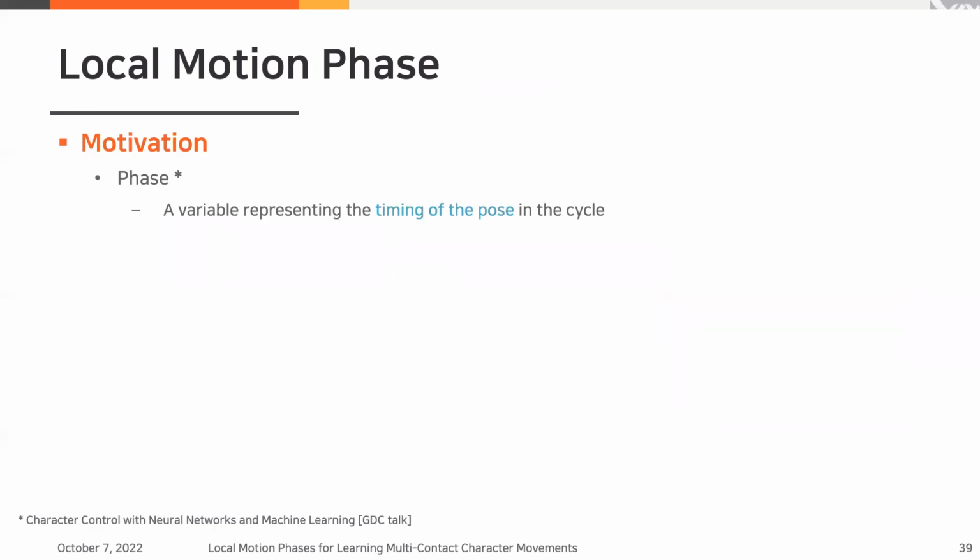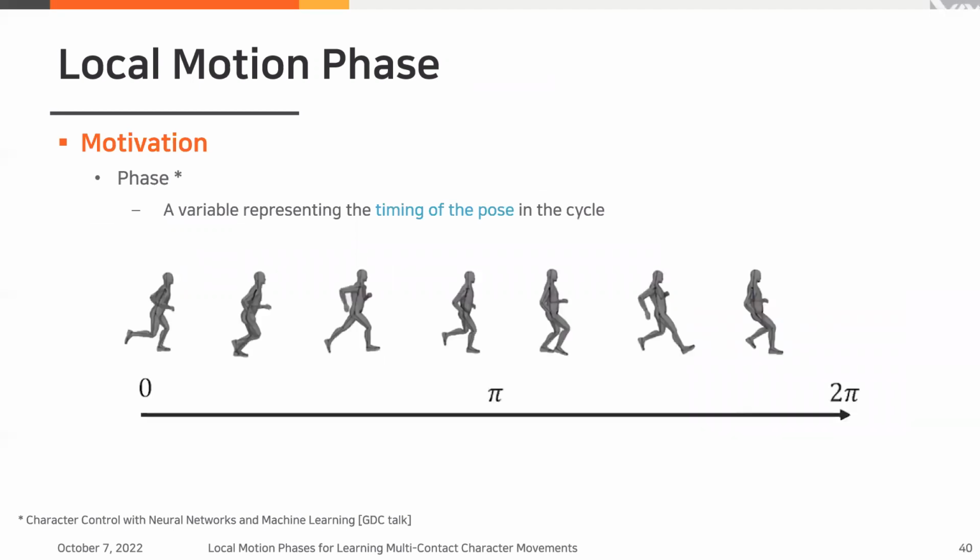First, the motivation of using local phase is as follows. In previous research, the phase variable was used to specify the timing of the pose in the cycle. And this phase was defined based on symmetrically meaningful start and end poses. For example, when we think about the walking motion, we can specify the phase like this.